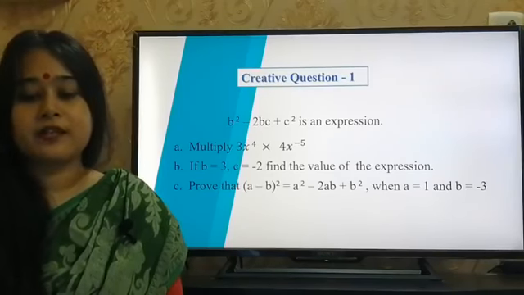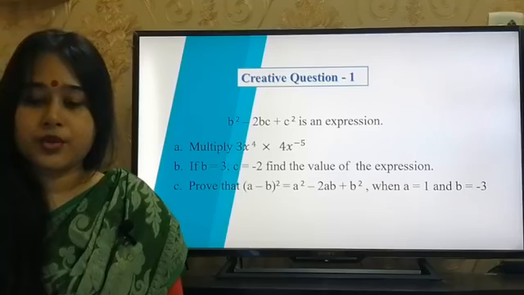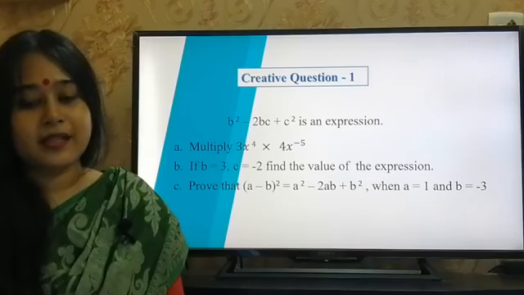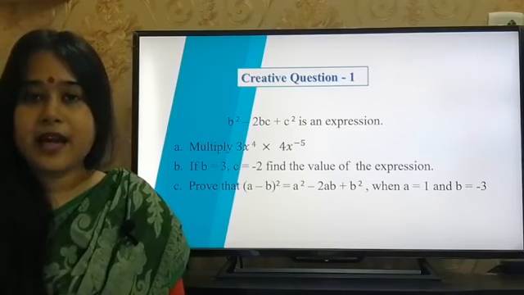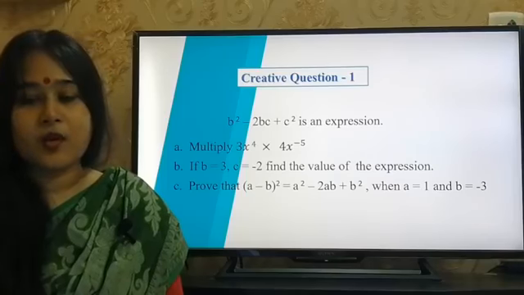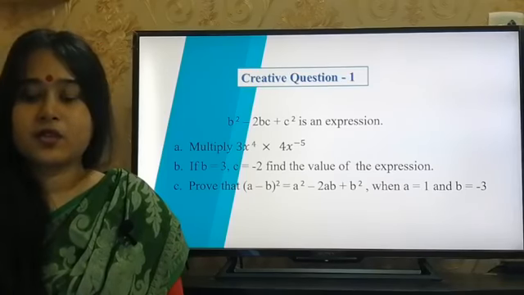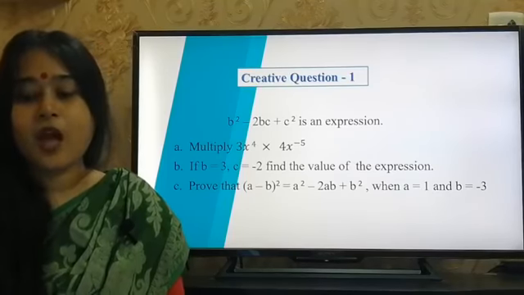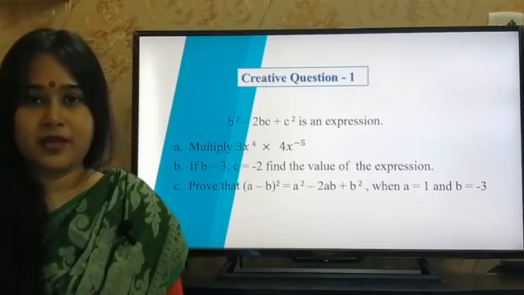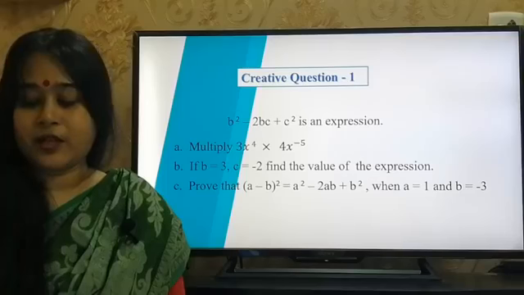B number question is if b equal to 3, c equal to minus 2, find the value of the expression. And C number question is prove that a minus b whole square equal to a square minus 2ab plus b square when a equal to 1 and b equal to minus 3. Okay, let's solve the question.